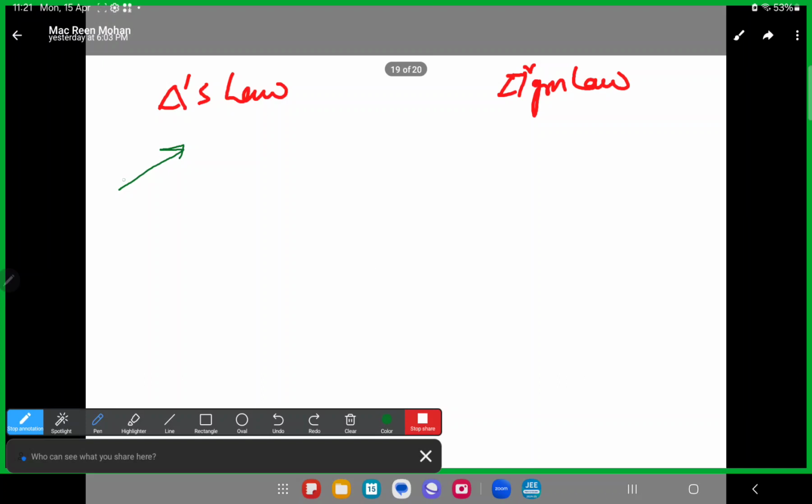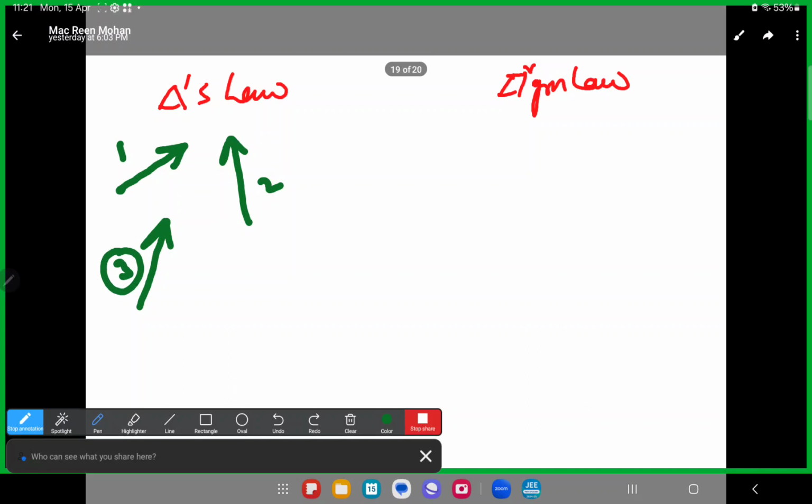Vector 1, vector 2, and let's say vector 3. Now we have to arrange them in such a way that you will get the resultant.